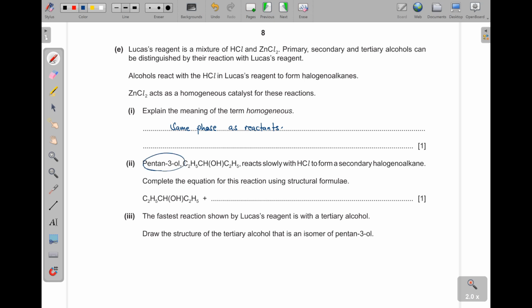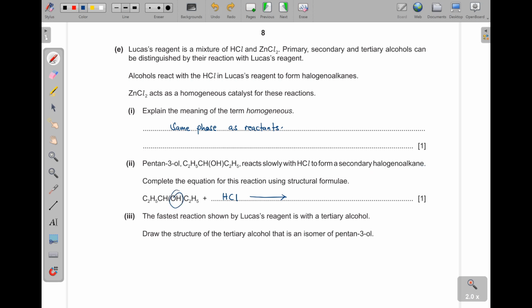And then pentan-3-ol reacts slowly with HCl to form a secondary halogenoalkane. Complete the equation for this reaction using the structural formulae. Now we are adding HCl, right? HCl here, and then there is a substitution. It's because we are forming a halogenoalkane.